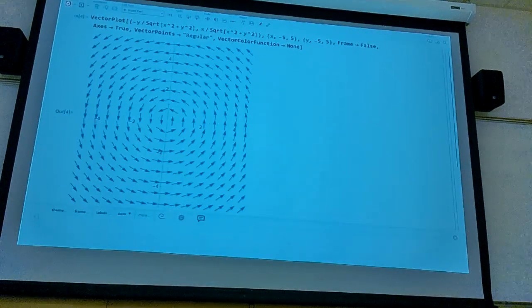Yeah, very dark color. There's a bunch of different options. Just make the colors one different.